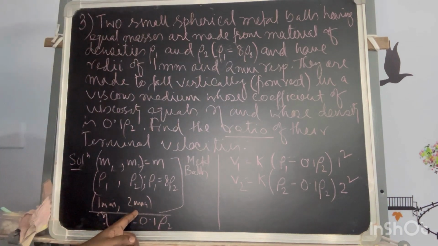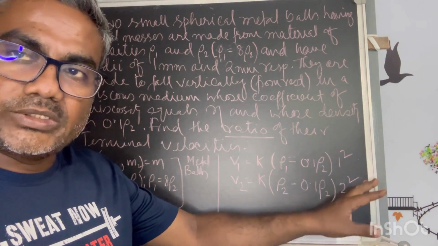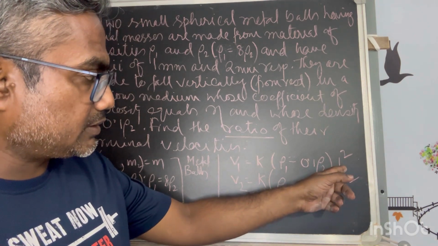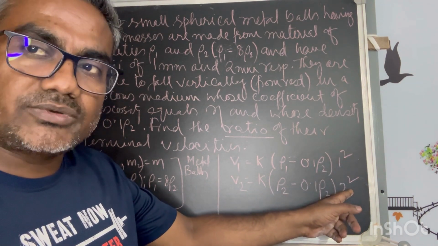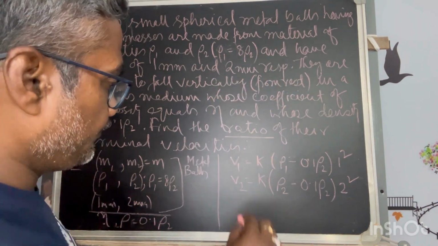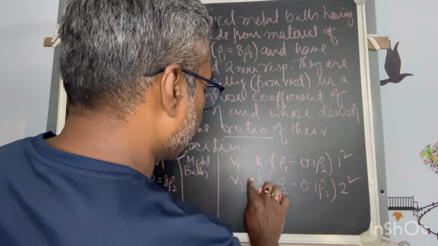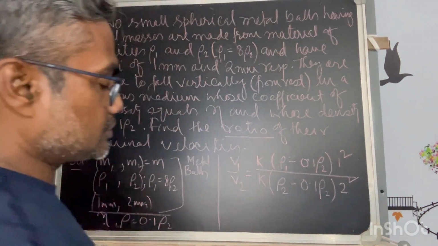I am putting it in the same unit, because at the end I will do the ratio, and whatever conversion is needed to bring it to centimeter will be nullified. So I will do the ratio of these two. Okay, so this will be the equation.